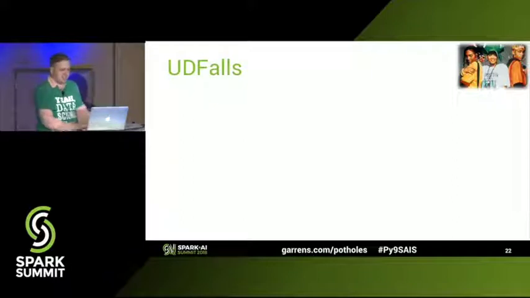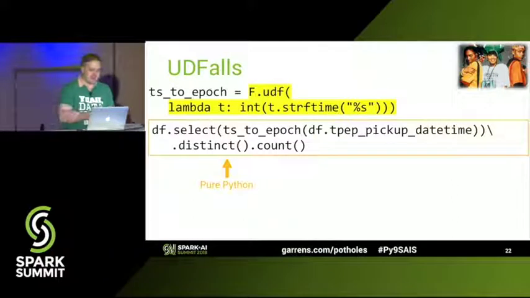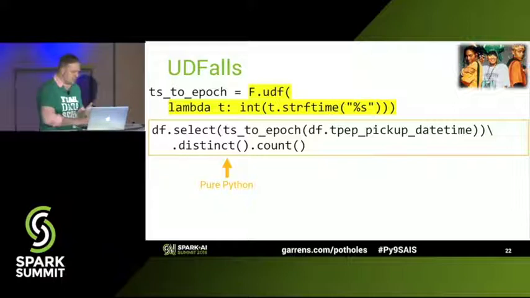So this is a normal example of how you might come from Python to Spark. You need this UDF, and I've seen this many times. This is why I put together this talk to begin with. You want to create a UDF. You want to create some custom code that Spark doesn't support natively.